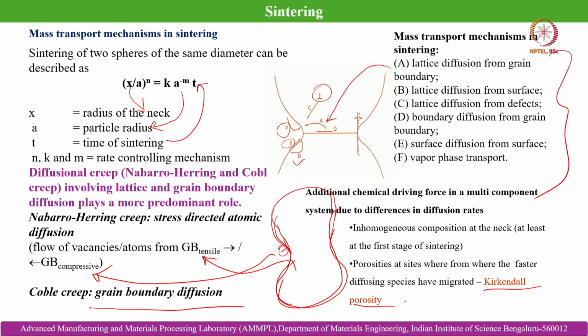So these are additional chemical driving forces in multi component systems that can also promote sintering, but otherwise these are the mass transport mechanisms that are responsible for sintering densification of powder aggregates.